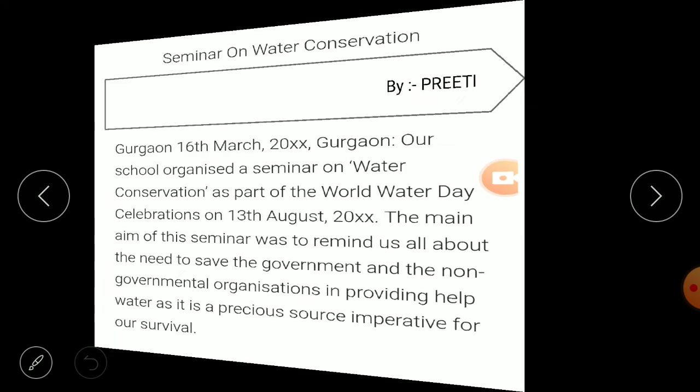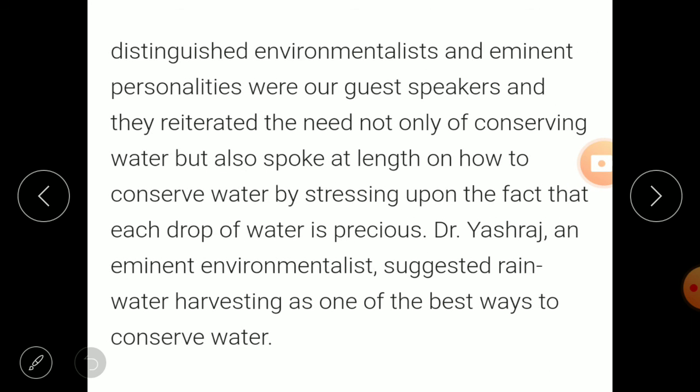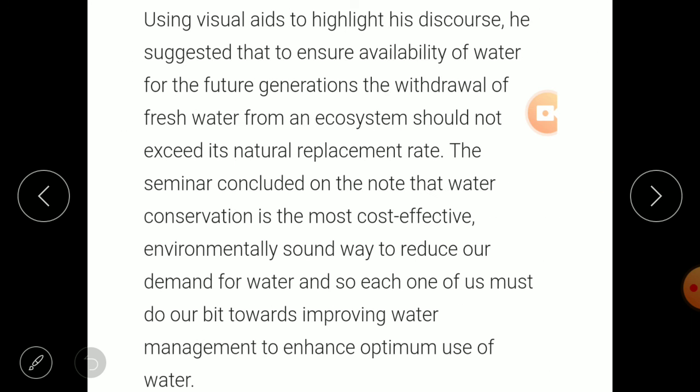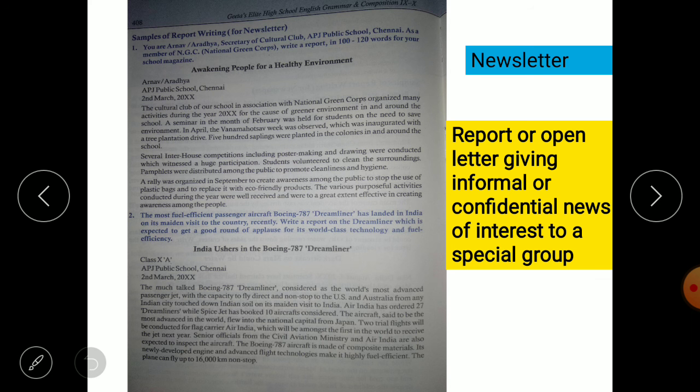Right. Now here is the second page of this very report, and here is the last concluding paragraph. Now we have just come to the newsletter.